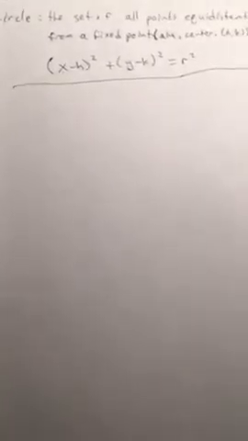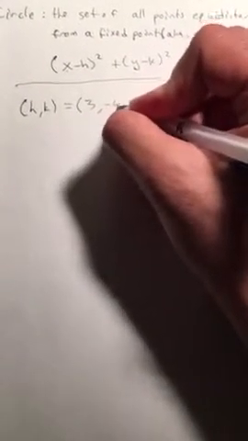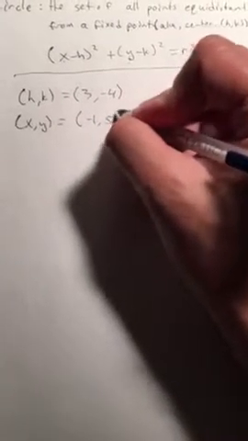So if we want to find the standard form of the equation of the circle whose center, and since we know that the center is (h, k), if the center of the circle is (3, negative 4) and passes through the point (negative 1, 5), we have a value of x and y, we have h and k.